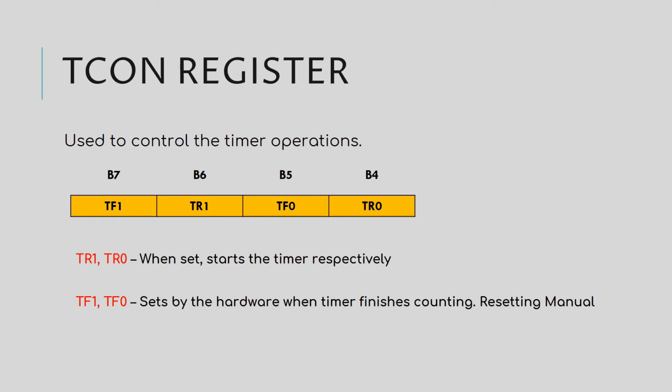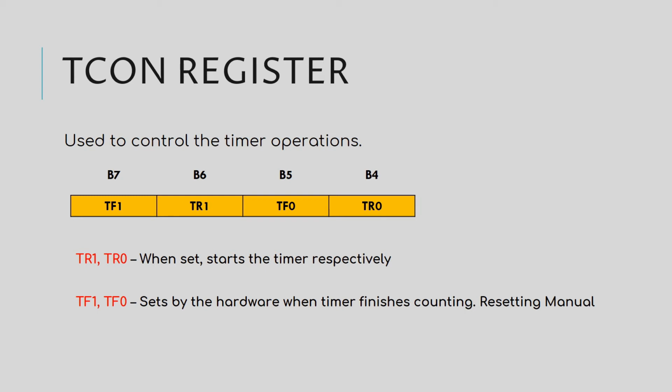Now let's take you to TCON register. We need only 4 bits of TCON register, and the bits are bit number 4, 5, 6, 7. That means the upper nibble. So this TR0, if this bit is set, timer 0 will start counting. Similarly, TR1, if this bit is set, then timer 1 will start counting. When timer will reach its max value, this TF0 bit will automatically be 1.